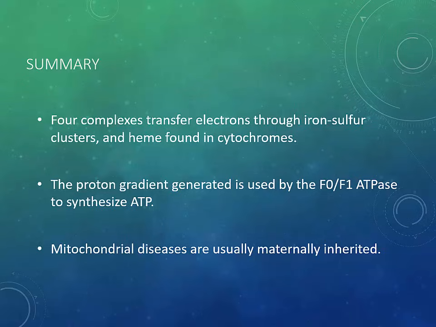Complex 5 allows those protons to flow back. And complex 5 is also the F0F1 ATP synthase, which makes ATP. As a side note, mitochondrial diseases are usually maternally inherited because you do get your mitochondria from egg cells.